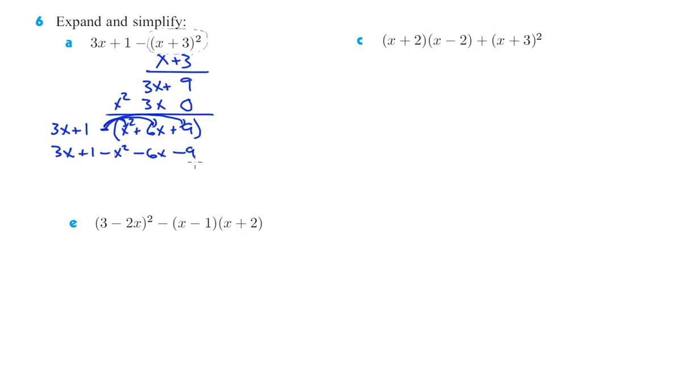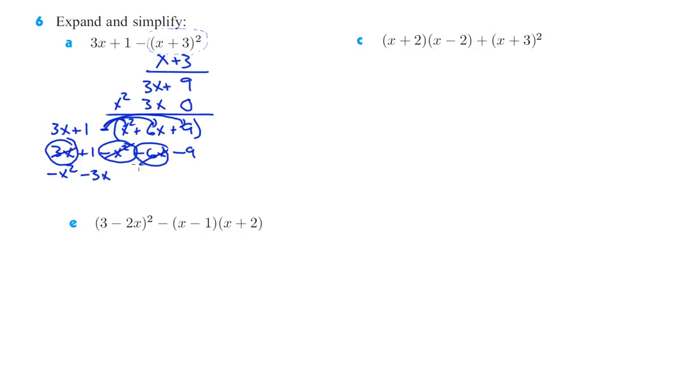And now I'm going to collect all my like terms. And I always want my highest power out front. Well, it's just good practice. So I want my highest power out front, so I get negative x squared. That's my highest one. I usually like to circle it and cross it out to make sure I don't forget anything. And then I got negative 6x and positive 3x, which gives me negative 3x.